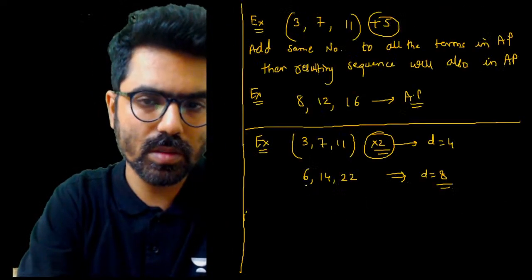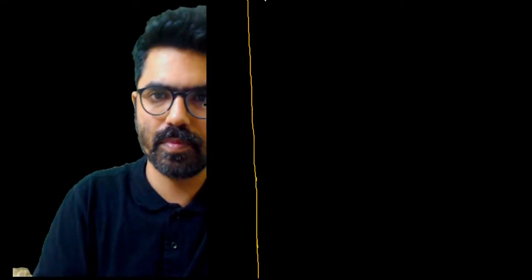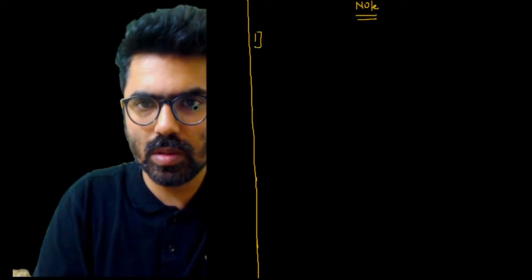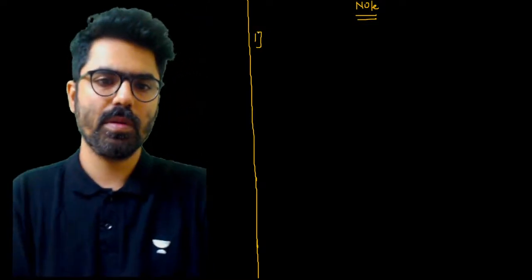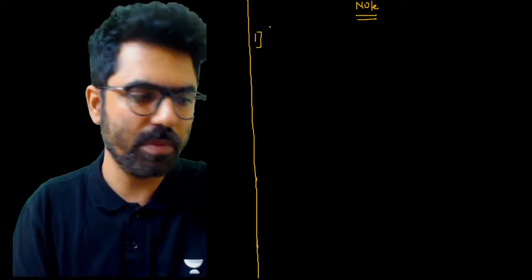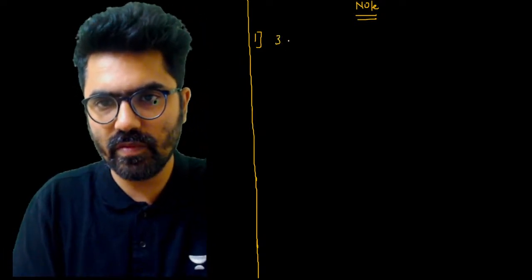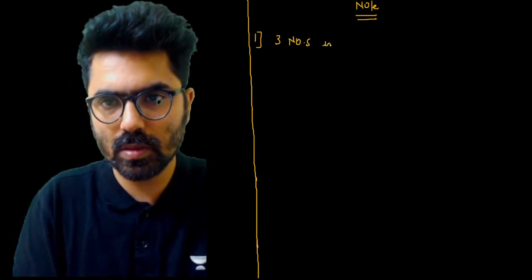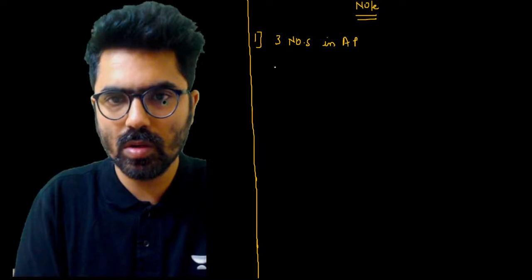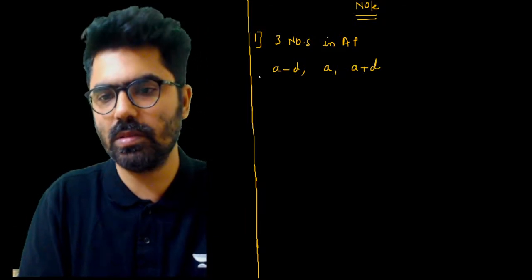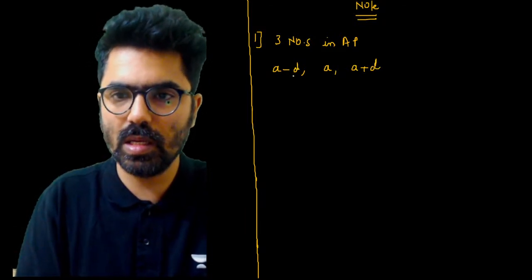Now let's go ahead to the next note point. Sometimes you need to assume 3 numbers in AP depending upon the question. If we have to assume 3 numbers in AP, always try to assume like this: a minus d, a, a plus d.